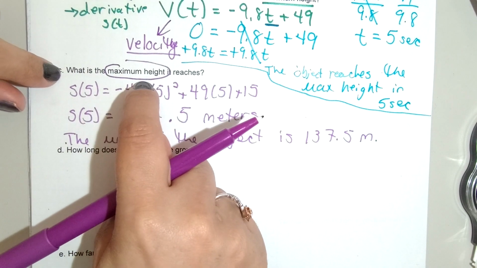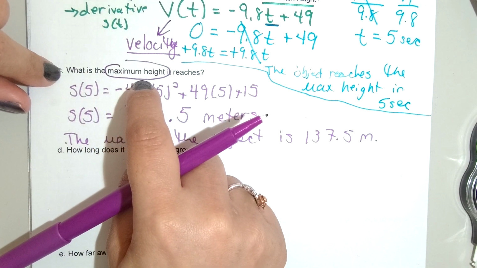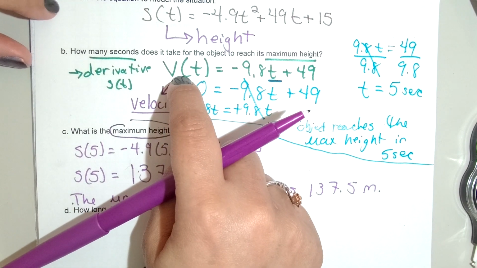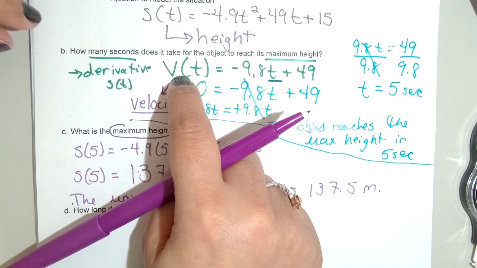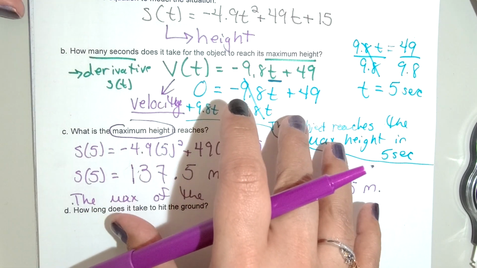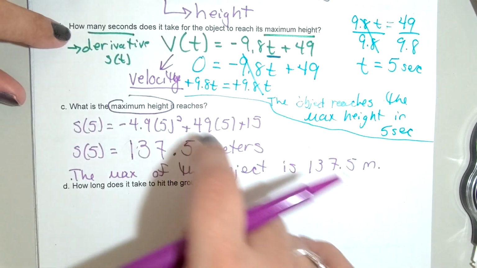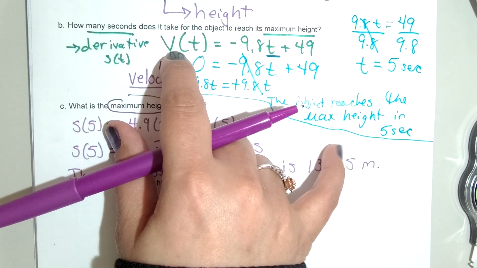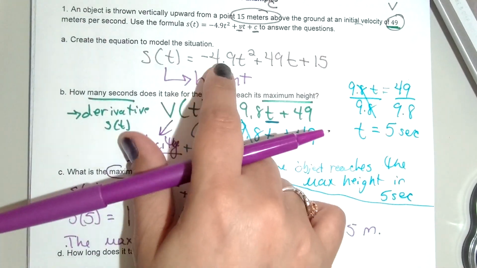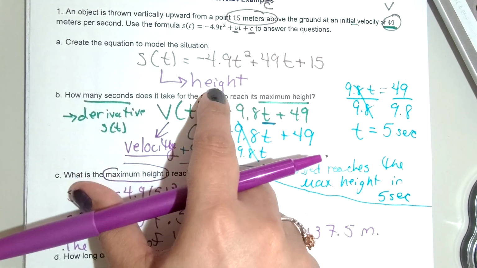Okay, so we're looking for the maximum height. Maximum height, how to find it? I'm explaining how to find it right now. You can't use this equation because this gives you velocity. So you have to go back to the original equation because it gives you the height.